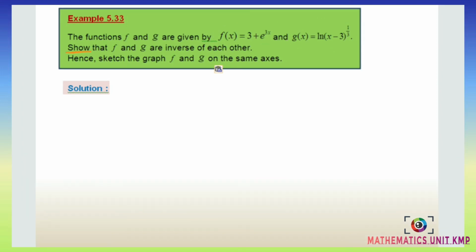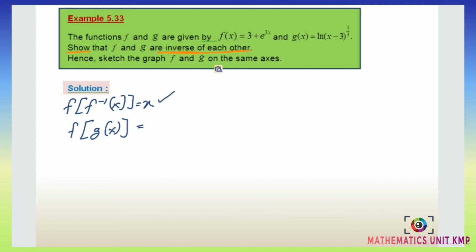How to show that f and g are inverses of each other? We can use the concept f composite f inverse equals x. For this question, find f composite g(x) and show that it equals x.